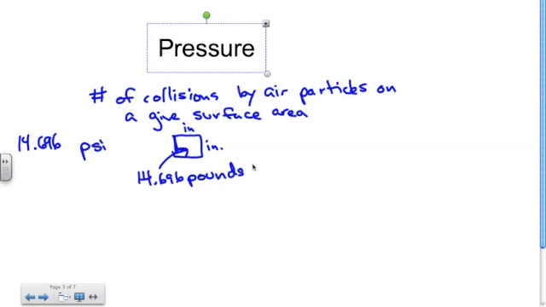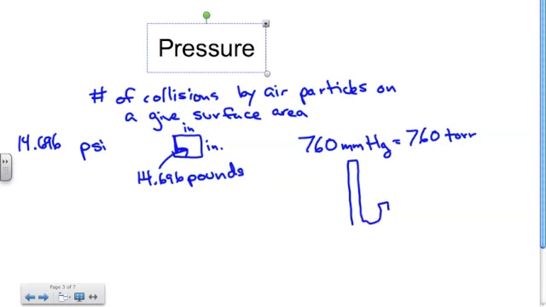Other units of pressure are millimeters of mercury. Atmospheric pressure is 760 millimeters of mercury, which is also equal to 760 torr. This came from this sort of upside down candy cane shaped barometer, which would have a certain amount of mercury in it.